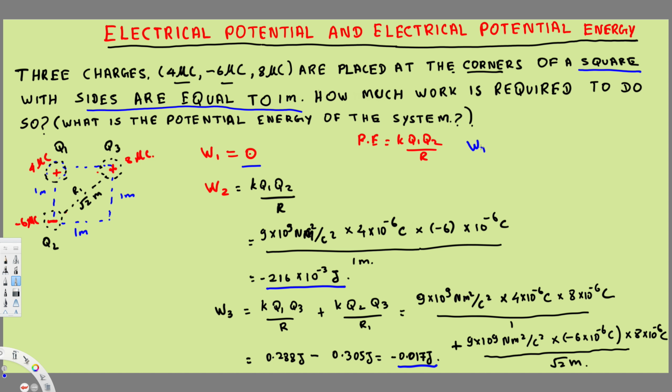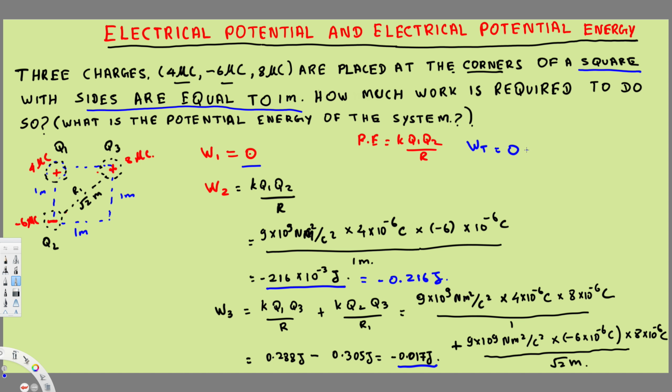So W total is going to be 0, the first one was 0, right? W2, to place the second one we need this negative 216 times 10 to the power of minus 3. We can also write this as negative 0.216 joule.